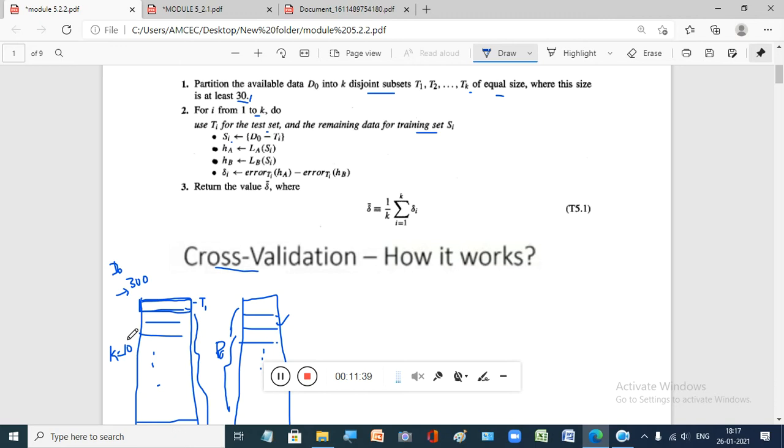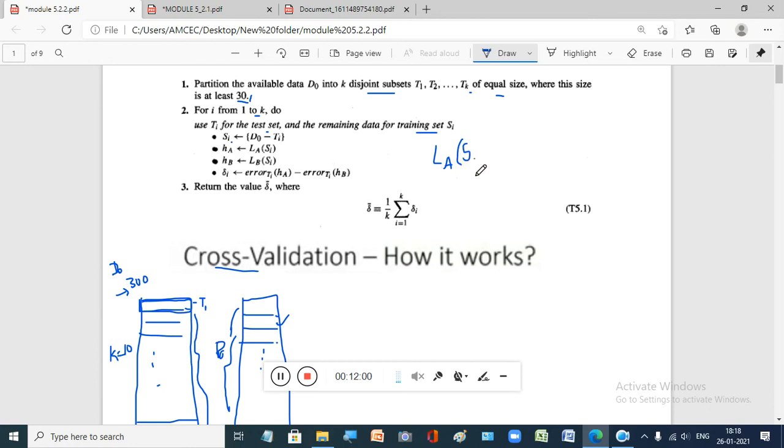Then we take the first learning algorithm LA and you train it with this training set Si. So this entire remaining 9 parts is called Si.